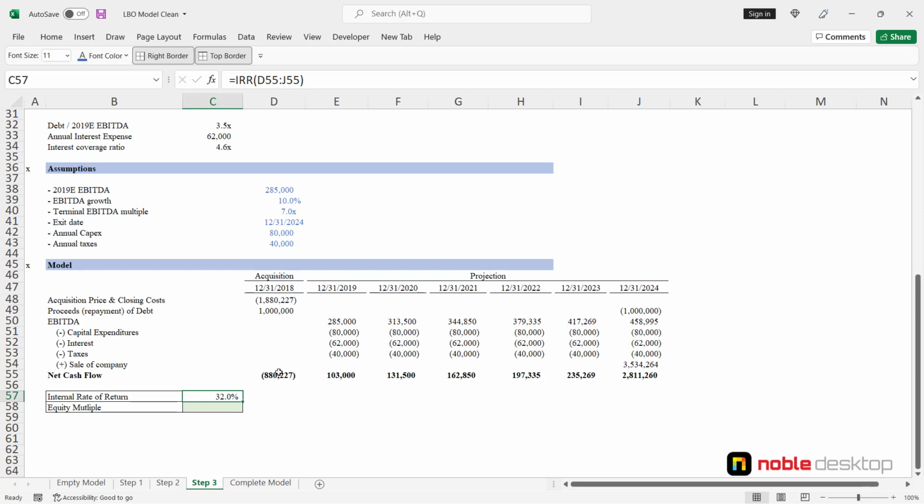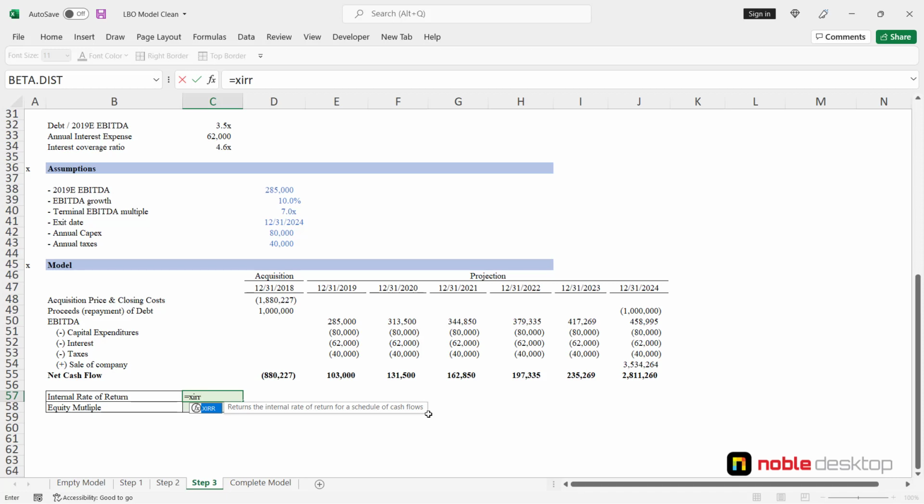There is another function in Excel I can use to calculate that value, which is XIRR. And XIRR returns the internal rate of return for a schedule of cash flows. So the key difference between IRR and XIRR is the way each formula handles cash flows.